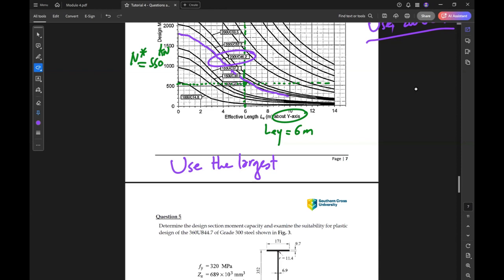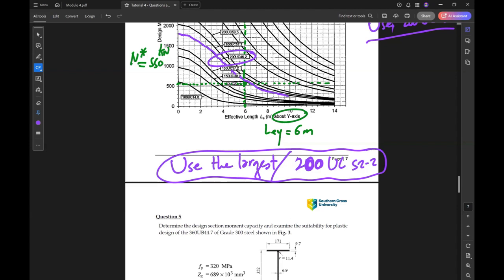So it will be 200 UC 52.2. Okay. Do you understand the idea? How to use the tables and charts?